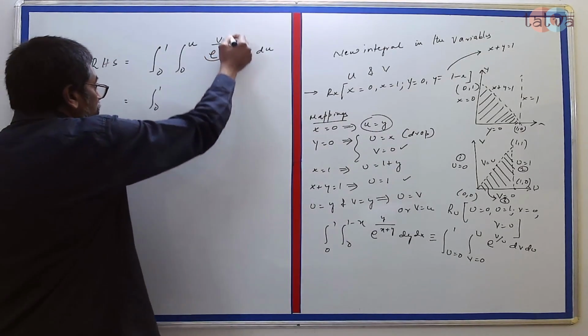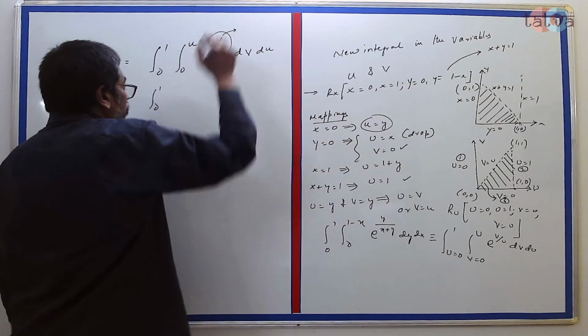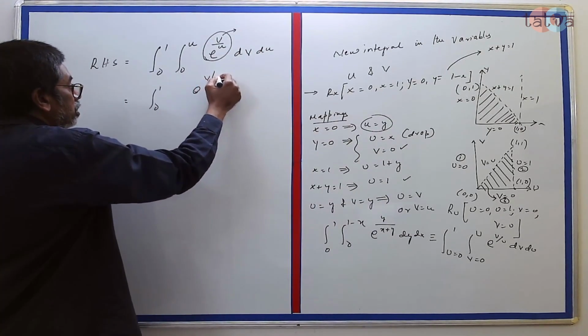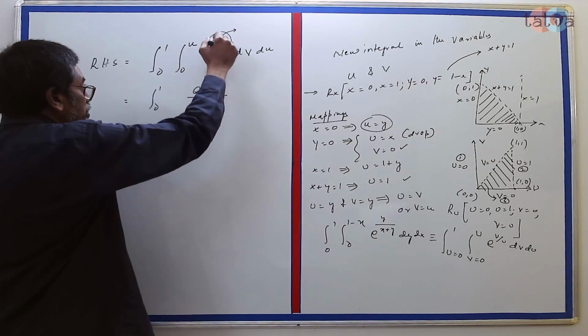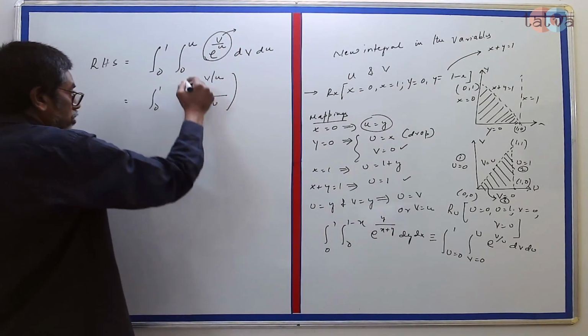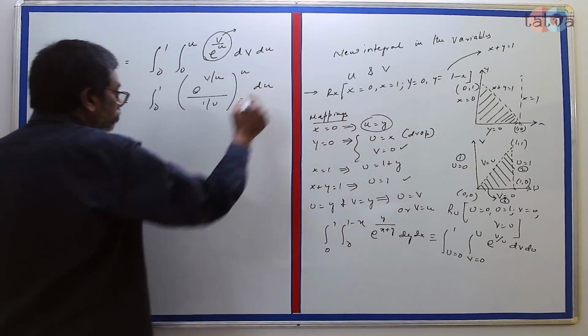The integration of e for v by u with respect to v would be e power v upon u divided by the coefficient of v, which is 1 upon u, 0 to u du.